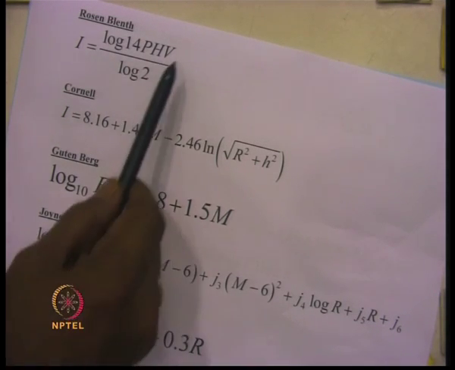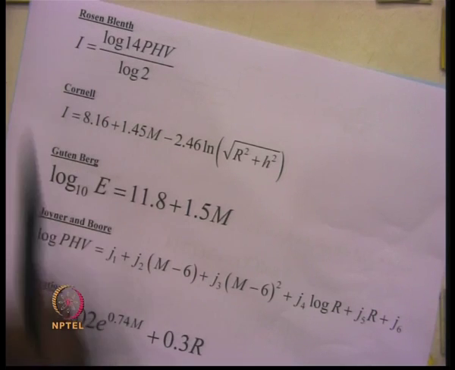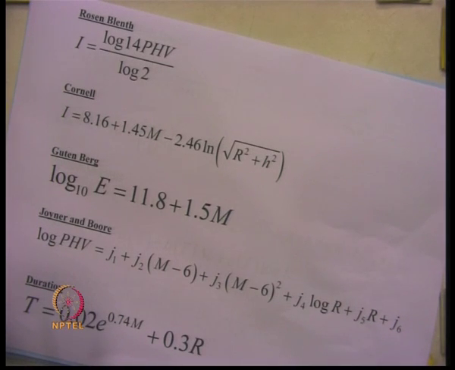So, this is the equation that Rosenblueth observed, that the PHV maintains with the intensity of earthquake.